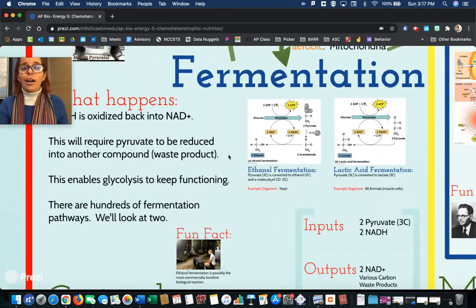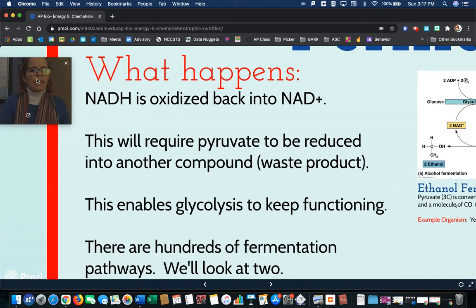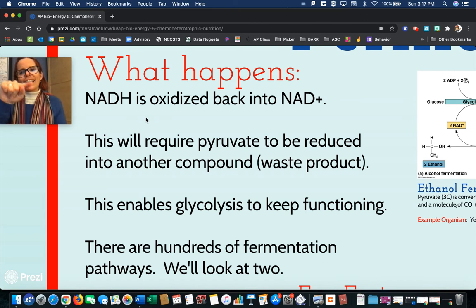All right, so let's talk about anaerobic respiration or fermentation. So NADH, we've got that NADH, it gets oxidized. All of these molecules get recycled, you guys. Your body is an amazing recycler. So NADH loses its electrons and it gets oxidized back into NAD+. So that electron shuttle loses a couple of its electrons.